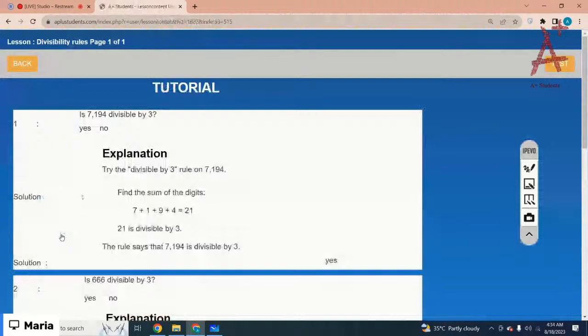So just add 7, 1, 9, and 4. When you add them, they make 21. So 21 divided by 3, yes, you have 3 times 7 is 21, right? So their sum is divisible by 3, which means the number is divisible by 3. Otherwise, 7194 is a bit long when you divide.